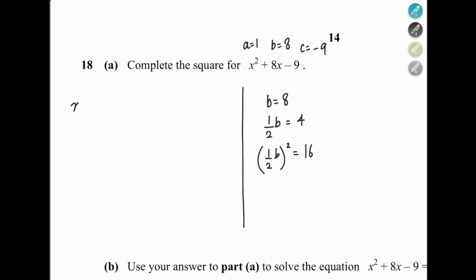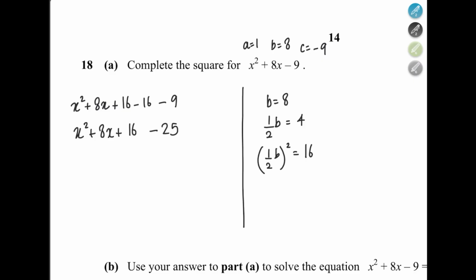This is going to be x squared plus 8x. This remains the same. Now we will add our 16 as a plus and minus, so plus 16 minus 16. Finally, we're left with negative 9. So let's add that here. Next part, x squared plus 8x plus 16, and then negative 16, negative 9 becomes negative 25.